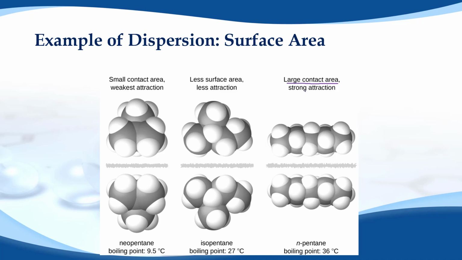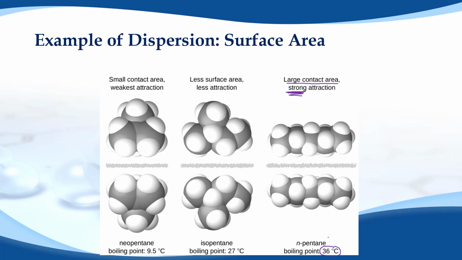One way to think about surface area is kind of like friction. If you pass one over the other, the more surface area you have, the more friction you create when you drag across something. That's an attraction.